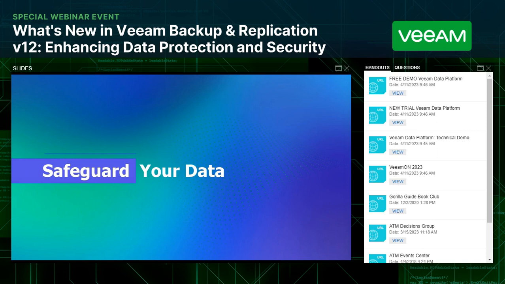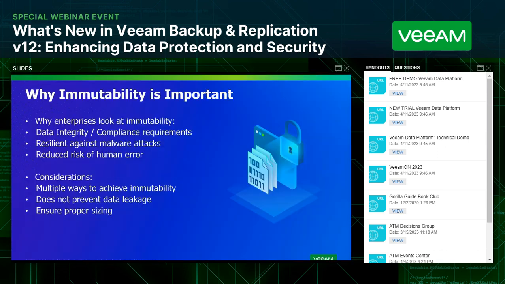That makes it all the more pertinent that you need to safeguard this stuff. Because at the end of the day, if you don't have your backups, you're probably more likely to be forced to pay the ransom. So what can we do to protect our backups? A lot of you have probably heard about this term immutability. The concept itself actually is not new, but it's gained so much traction in the past few years, largely in part due to ransomware attacks.